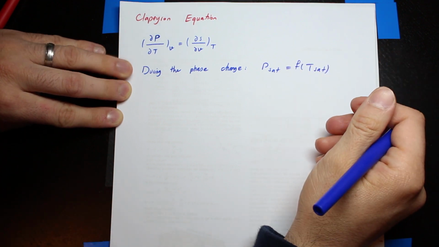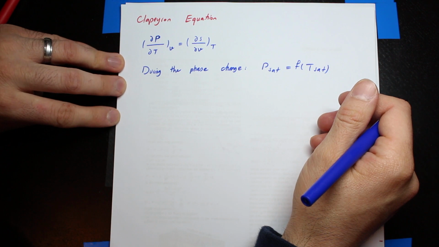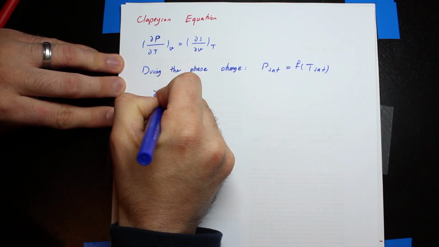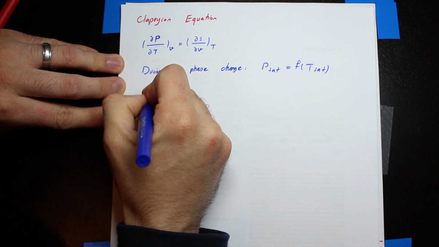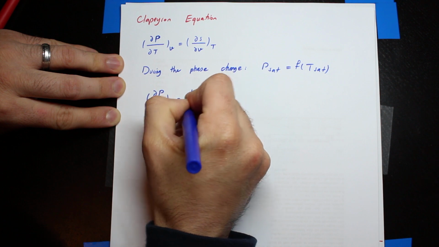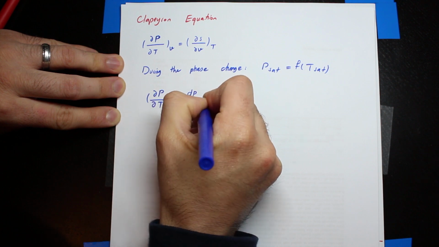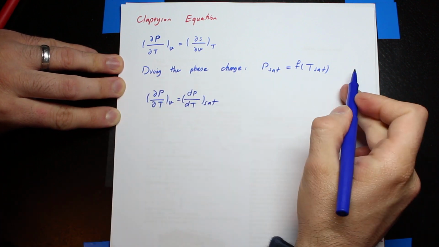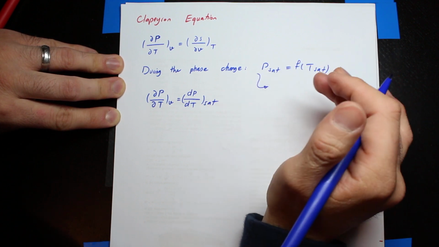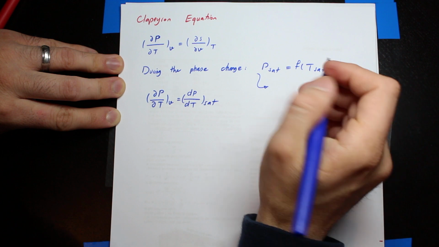That's what we know during a phase change. So that simply means partial P partial T when the specific volume is constant is equal to dP dT during the saturation. So basically the previous line simply means that pressure is independent of the specific volume.